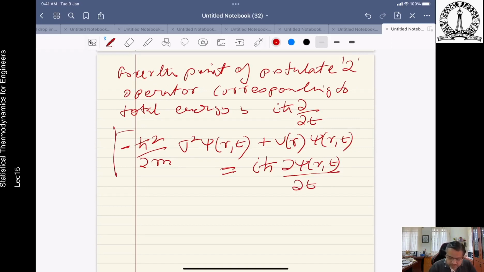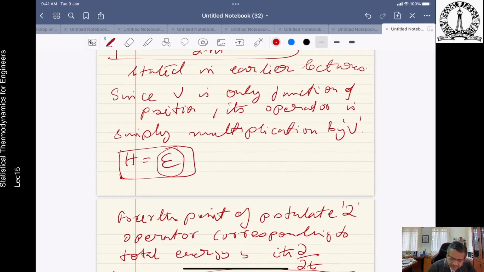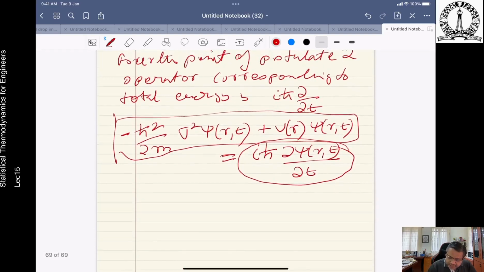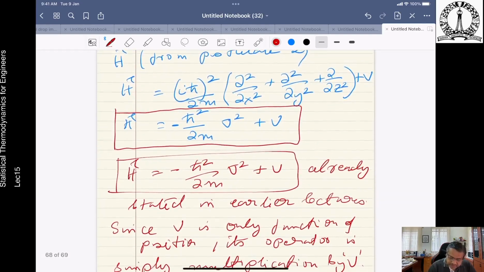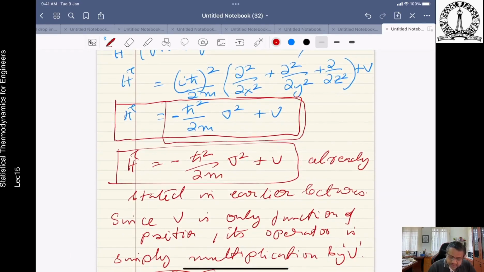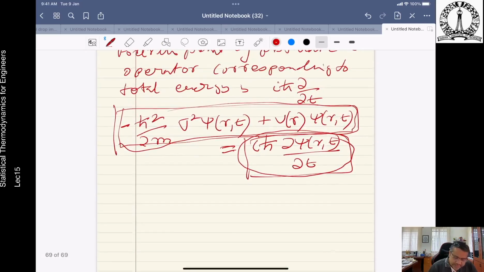So in one case the operator acts on H, on E, so we get this, and the left-hand side is the standard Hamiltonian operator that we derived. So this is exactly Schrödinger's wave equation, correct?